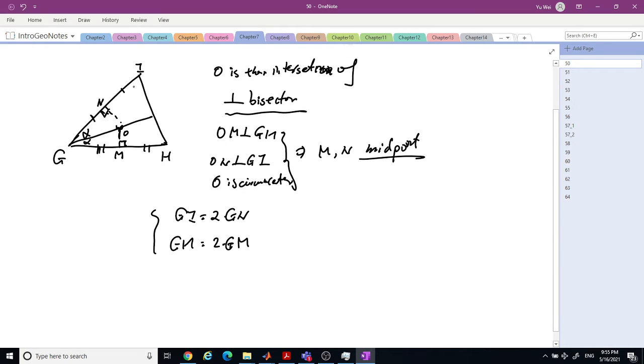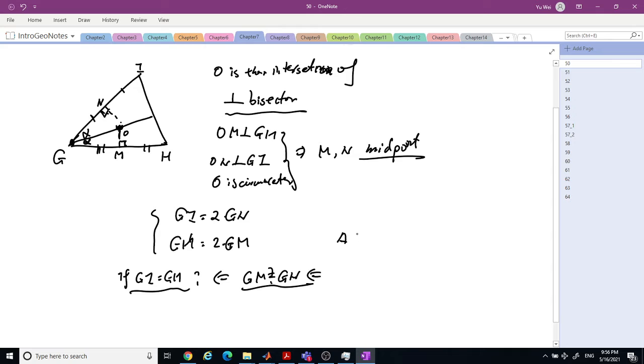So the goal is, if we prove GM equals GN, we can conclude. You can see it clearly because it's the angle bisector here, so we have the angle, and OG is the common side.